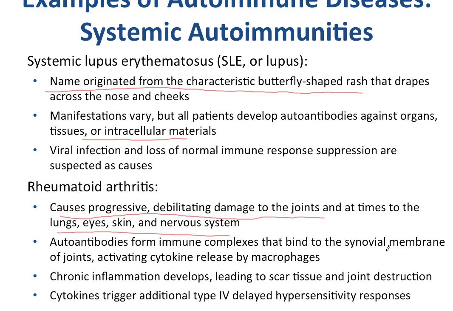Once the joint is destroyed, scar tissue may form and cause joint destruction.